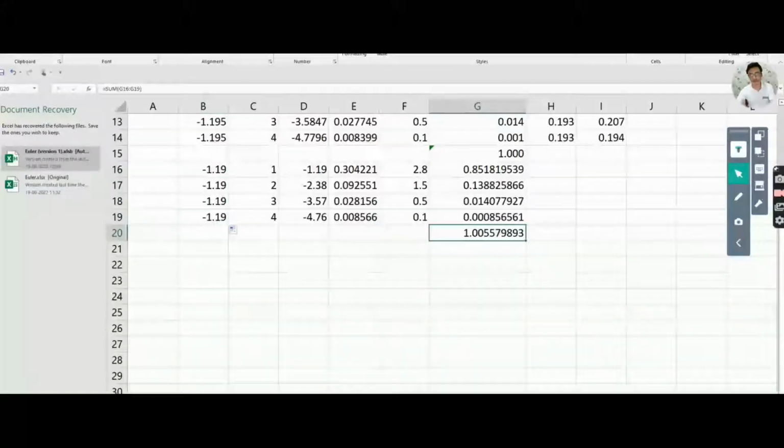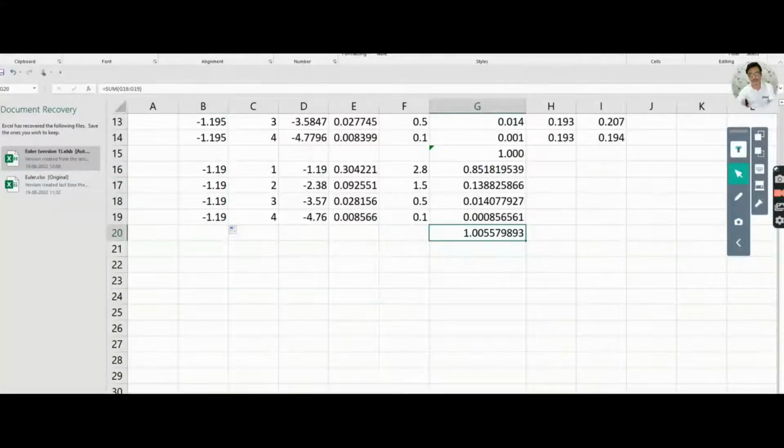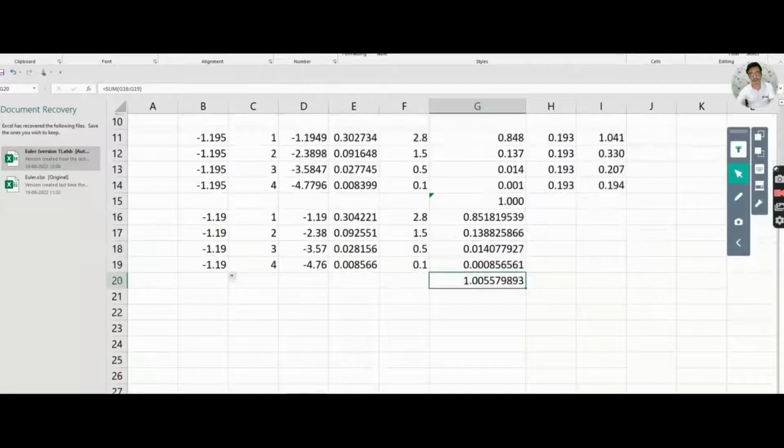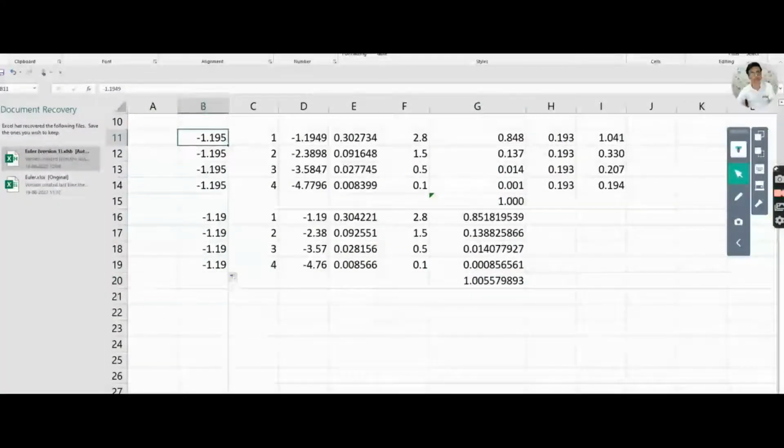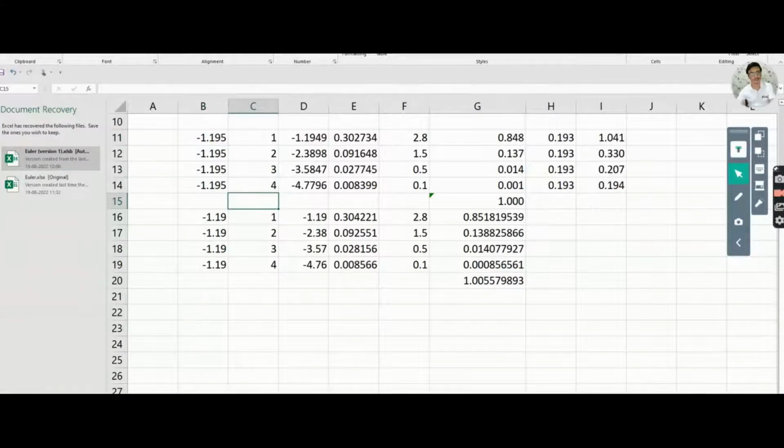You can get the idea of how to make it 1.00 by going on doing experiments. I took four digits, 1.195, which converted to three digits is 1.195.